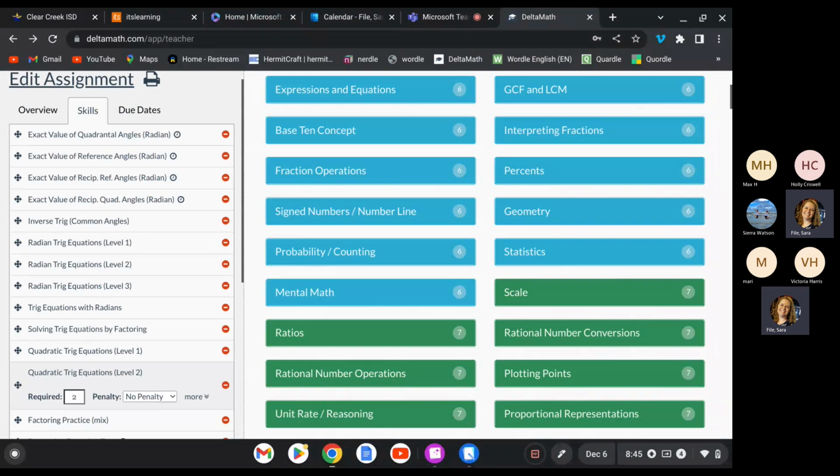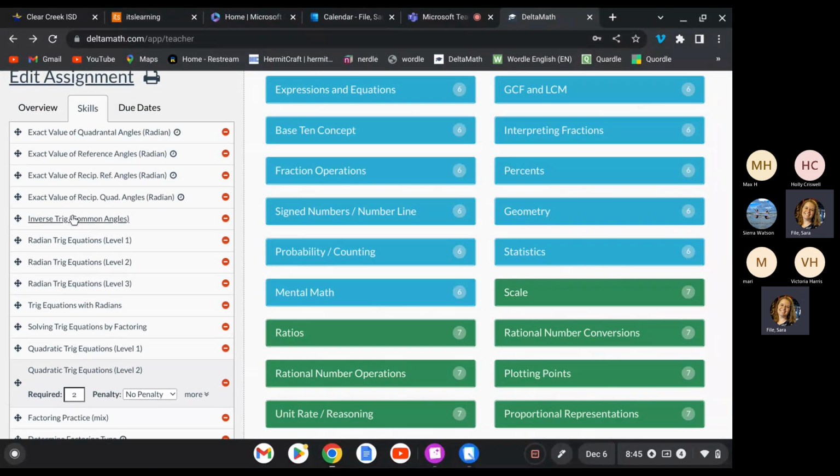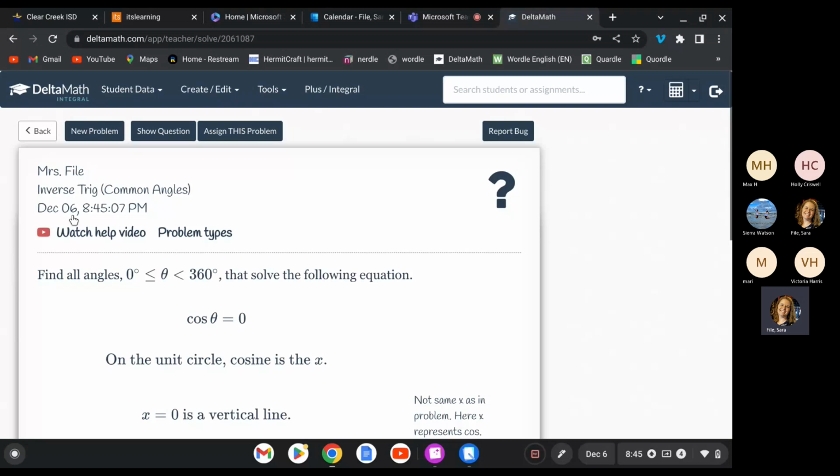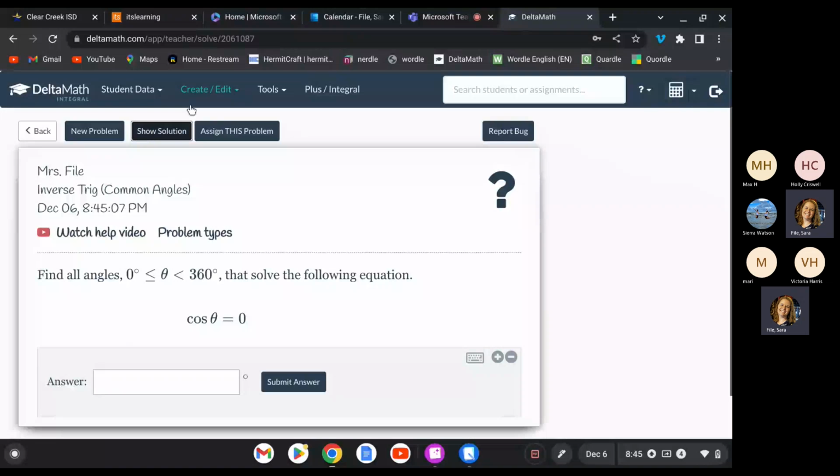Okay, so let's see, inverse. Oh, this is just basic, so knowing where these values are around the unit circle.